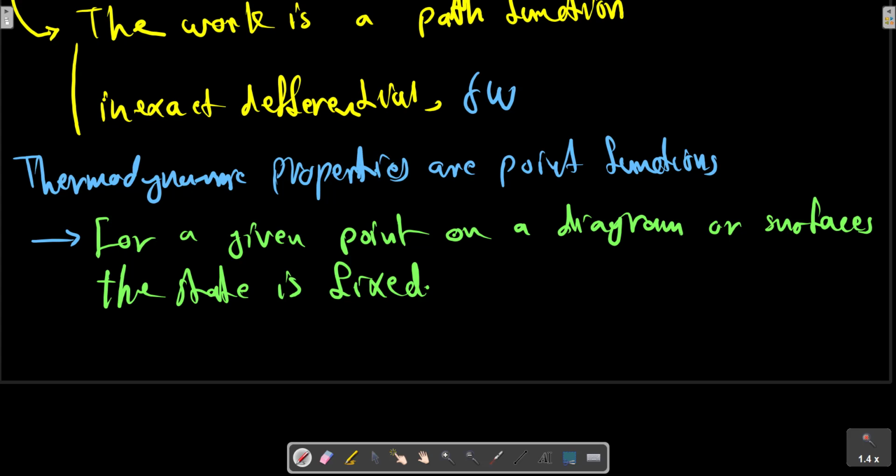And thus there is a definite value for each property corresponding to this point. The differentials of point functions are exact differentials.